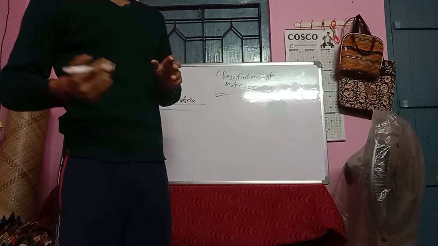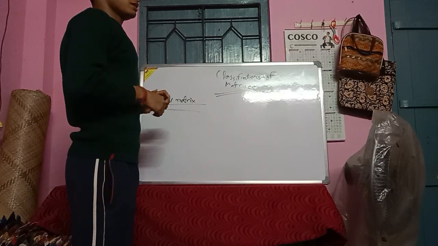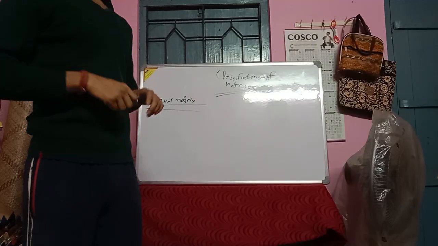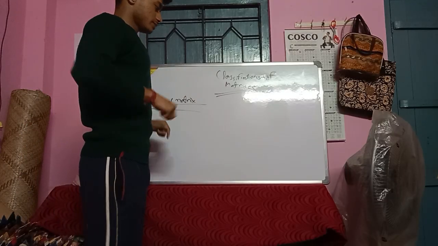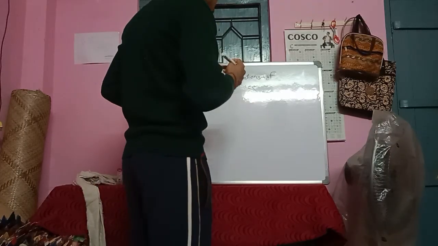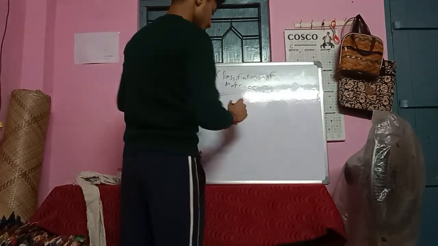In order to learn what a diagonal matrix is, we have to find out which kinds of matrices we can find the diagonals of. Like, we know what diagonals are, right?